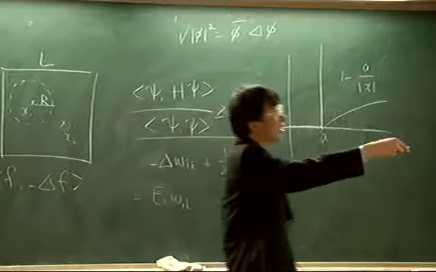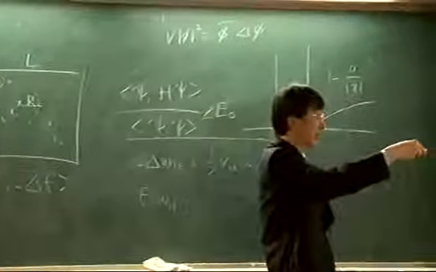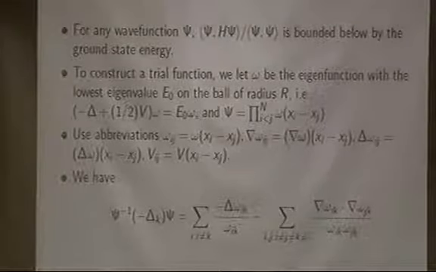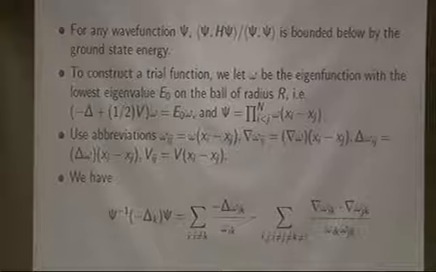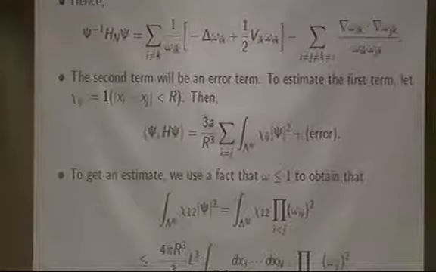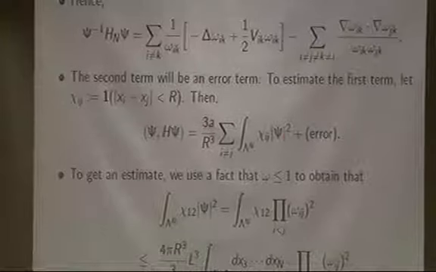This omega was the eigenfunction with the lowest eigenvalue E0 on the ball of radius r. If the distance between xi and xj is bigger than r, omega just becomes 1, and we don't have anything. So this thing plus the error term comes from this.